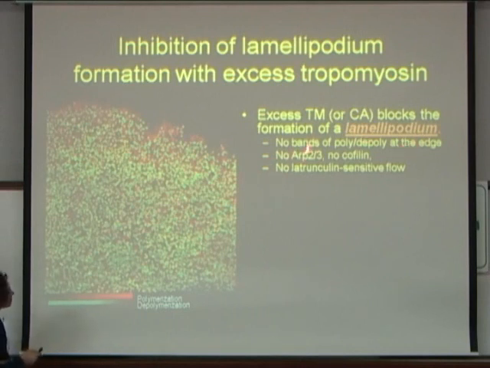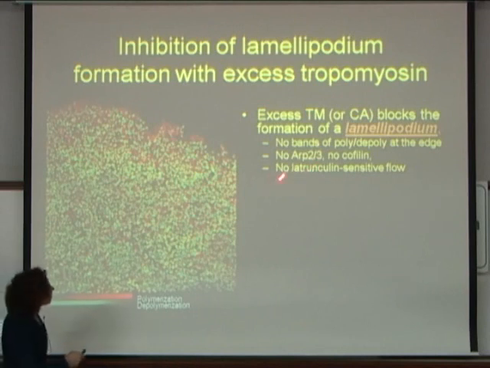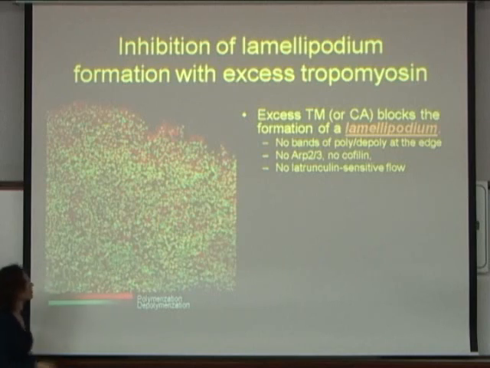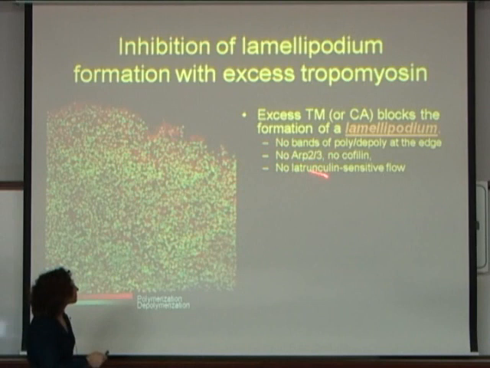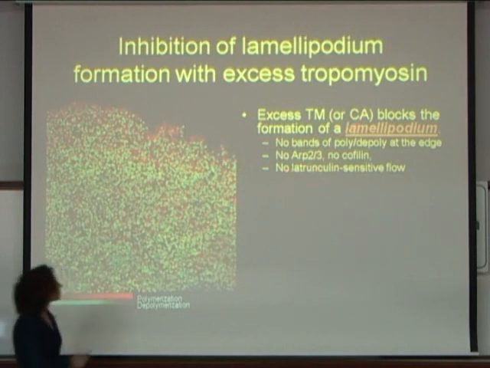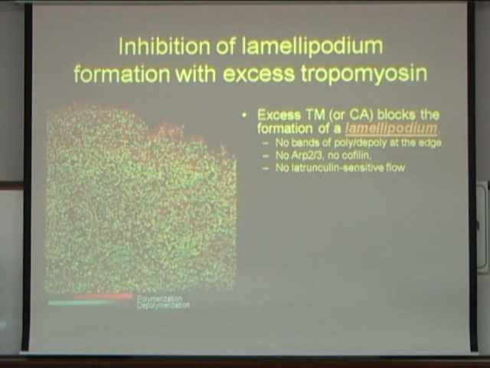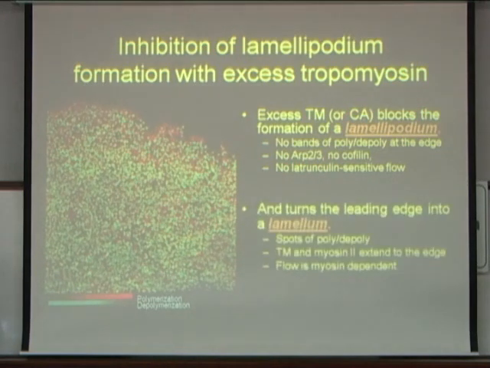By looking at the protein localization, we don't have ARP2/3 and cofilin, these treadmilling mediators, at the edge of the cell. We also know by a drug test that the motion of the actin in the lamellipodium should be sensitive to this drug. So functionally, we know we're knocking off this lamellipodium, and instead what we have out there is a leading edge lamellum.